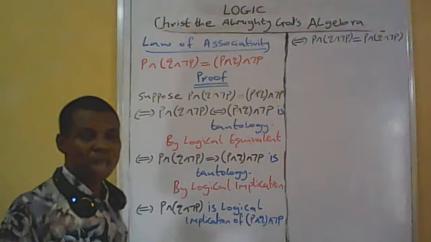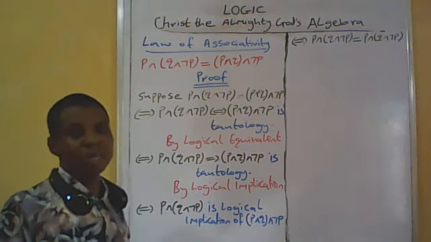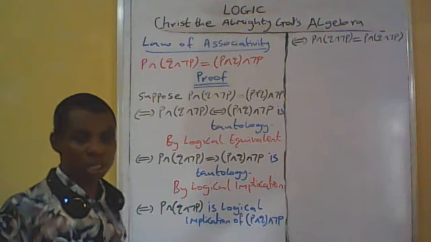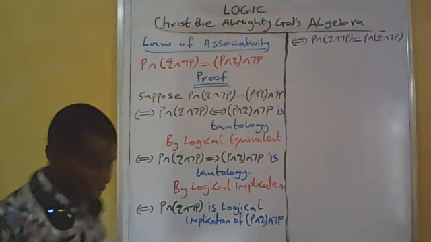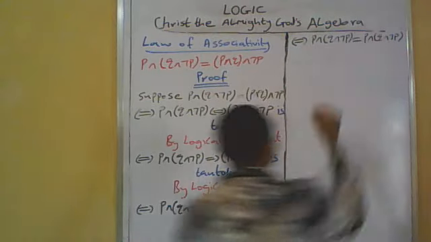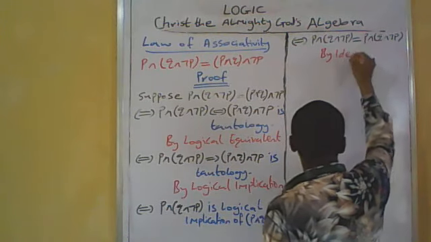You say it's logically equivalent. So it is true that logical implication is equal to itself, being justified by identity, the sameness.